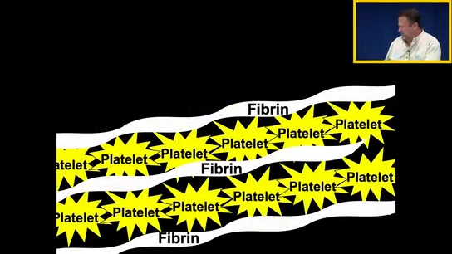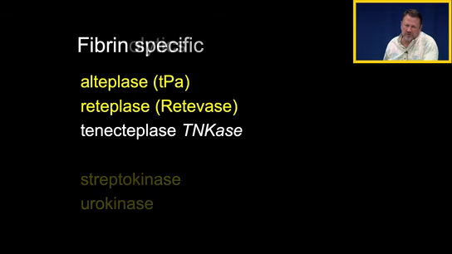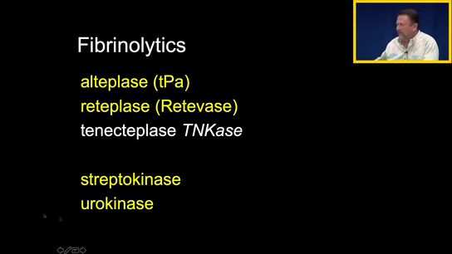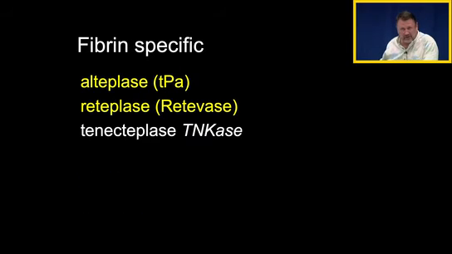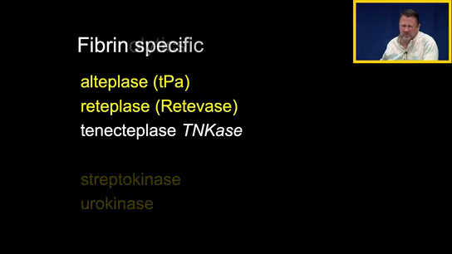Oh, I'm sorry, that slide's missing somewhere. So these are the fibrin-specific ones, and the ones on the bottom are not specific. You'll hear them called non-fibrin-specific fibrinolytics. So now we have fibrin-specific fibrinolytics, and then we have fibrin non-specific fibrinolytics. So we'll try to sort all that out.